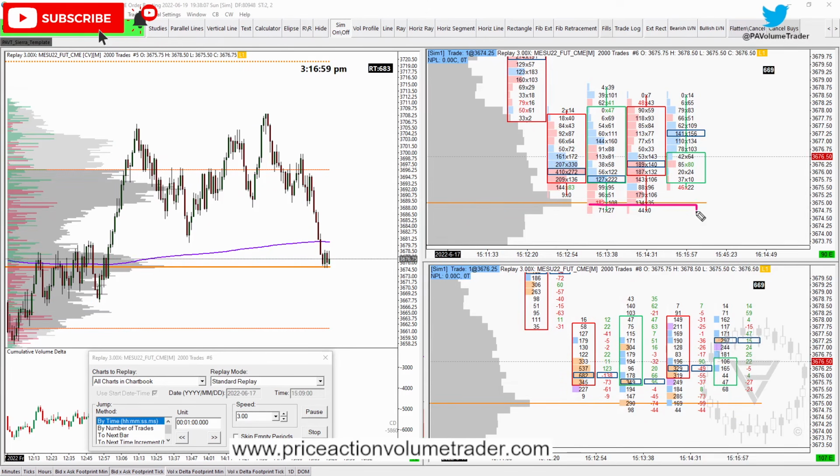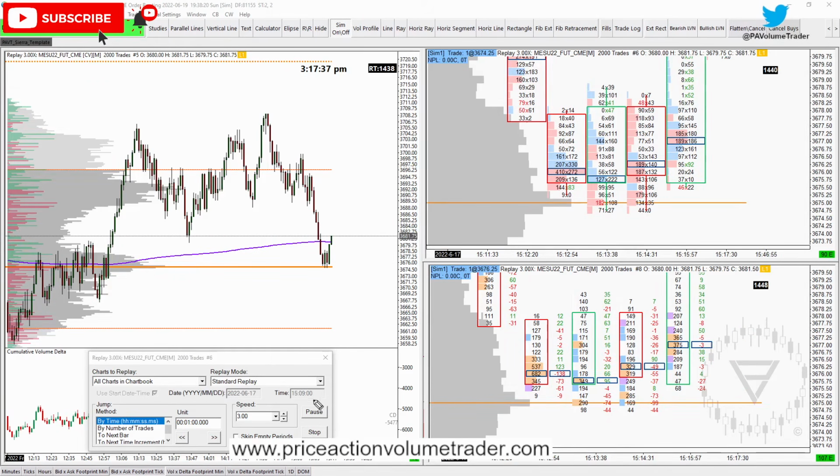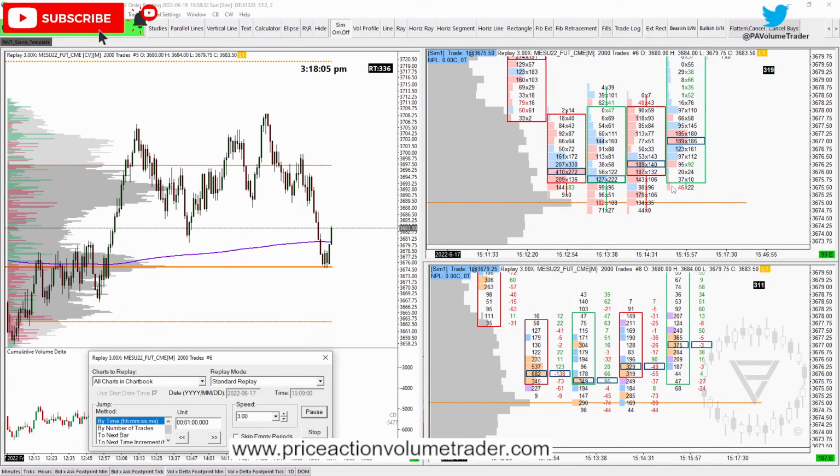Okay, you can see we came down and we repaired, and now we have a finished auction at the bottom here. Okay, and now, well, let's just keep playing this to see what happens, and then I'll go over each footprint on its own.